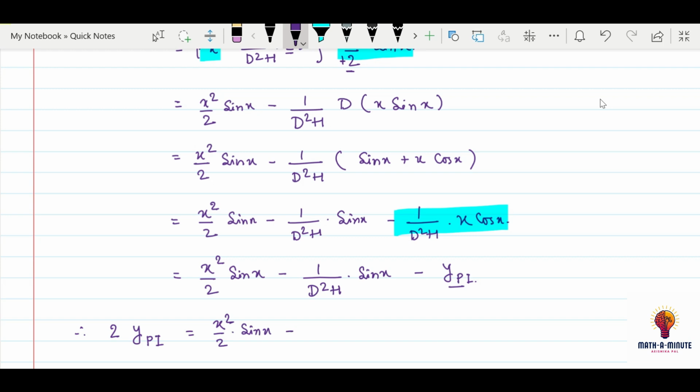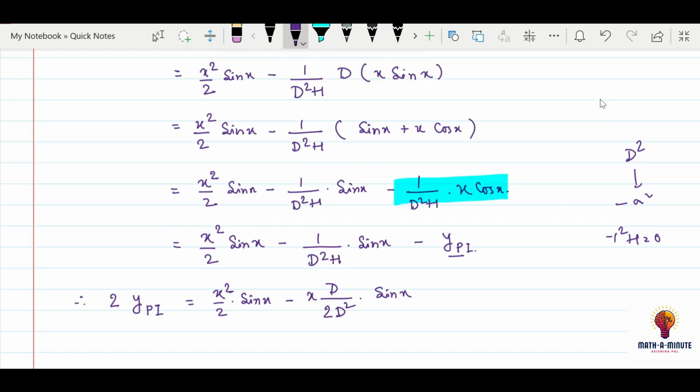Again, we can't replace D square by minus a square, because if we put minus a square here, this value becomes 0. For that, we have to calculate in this way: x into the derivative of this function, which is 2D, into sin x. Again, we write D and D square here. It's a similar calculation.